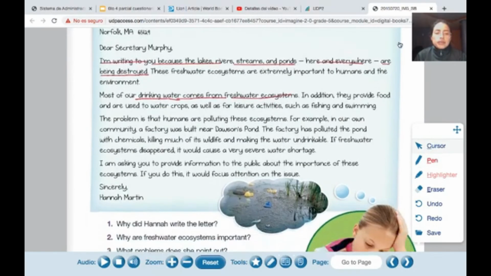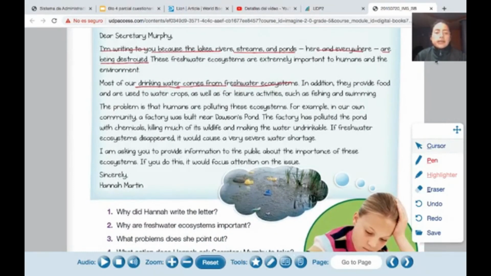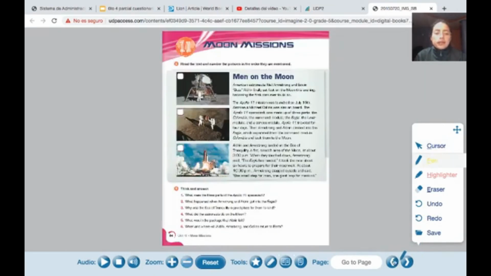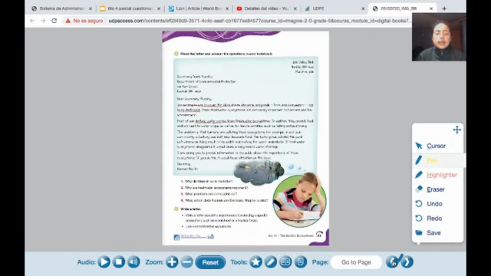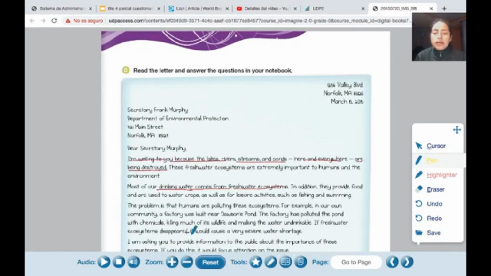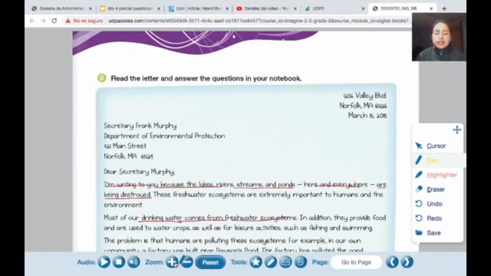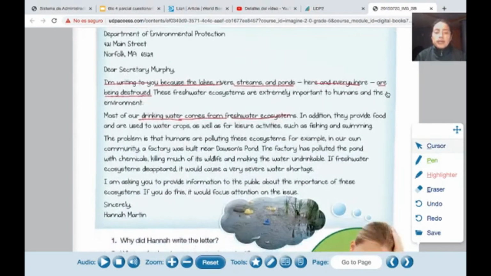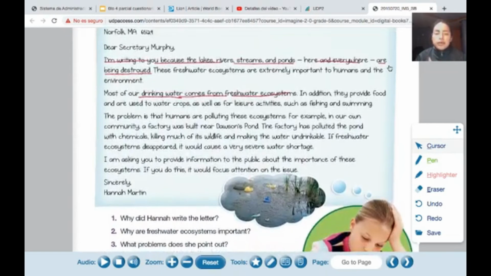The problem. Okay, continue with the reading. Okay, let's check this part. In the next part she explains the problem, the reasons for the problems. The problem is that humans are polluting this ecosystem.